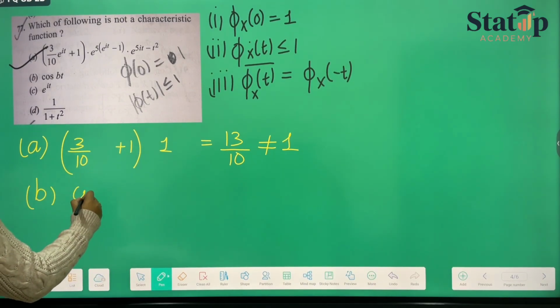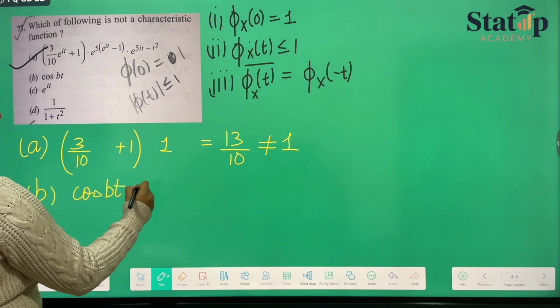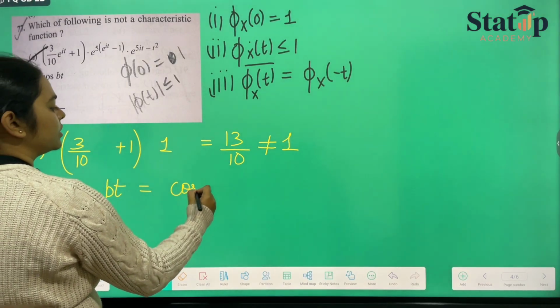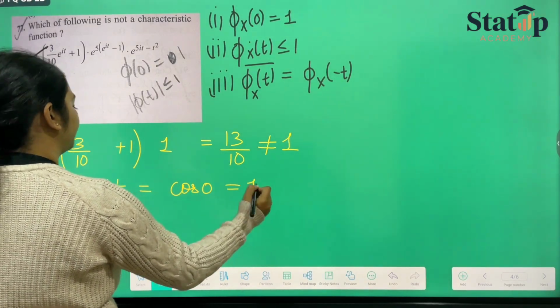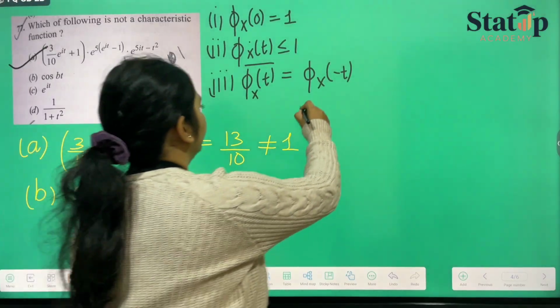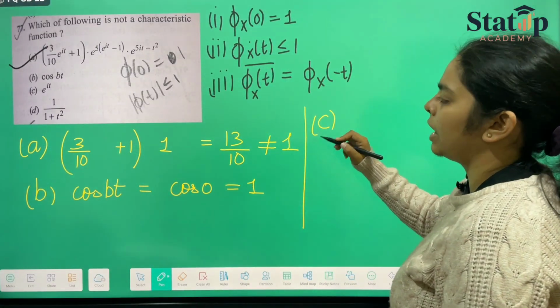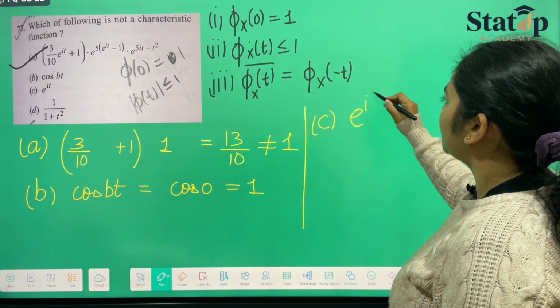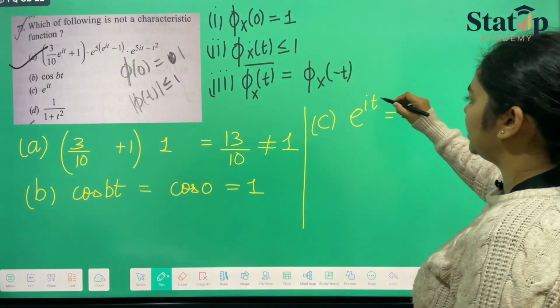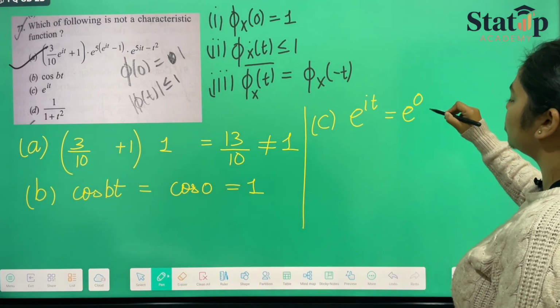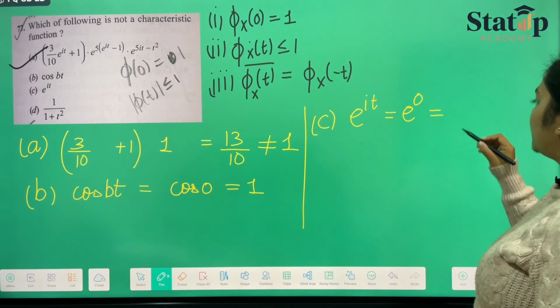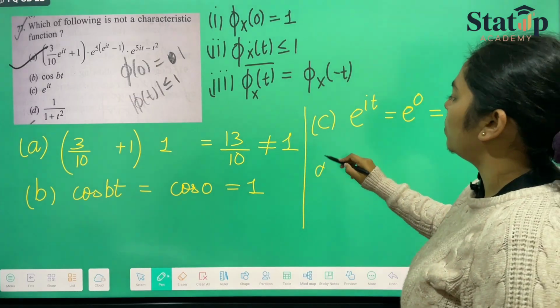If we take cos bt and take t as 0, then it will be cos 0, and cos 0 is 1. Then let us take the third function that they have provided us, e raised to the power it. If we take t equal to 0, then it will be e raised to the power 0, and anything raised to the power 0 is nothing but 1.